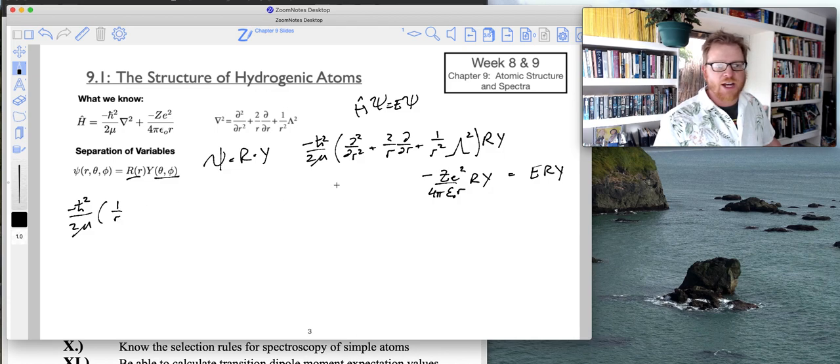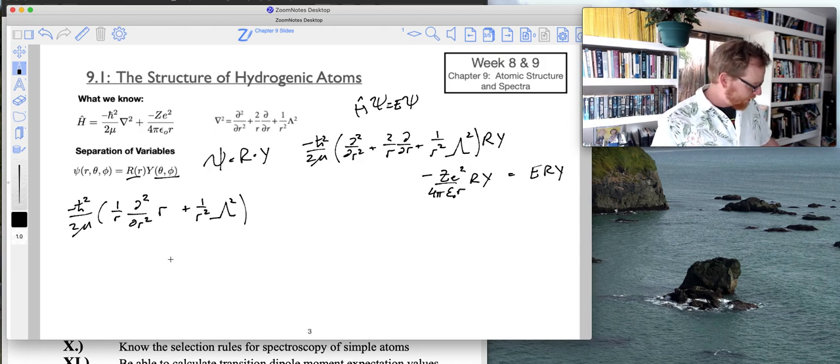The second derivative in r plus 2 over r times d/dr can be approximated as 1 over r times the second derivative in r squared times r. I'm not going to hold you responsible for where that approximation comes from. We're going to use it, and be happy that we have one less term to deal with.